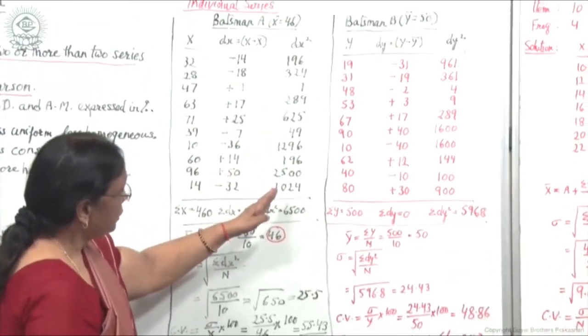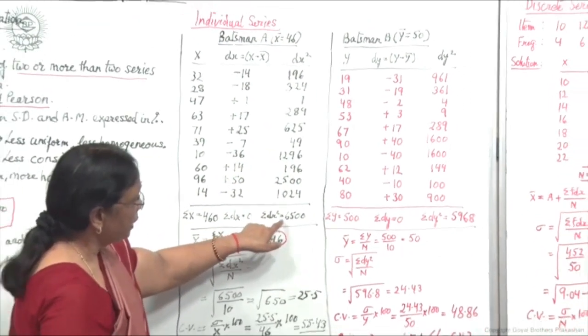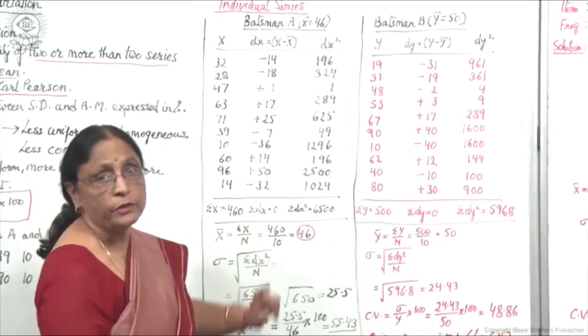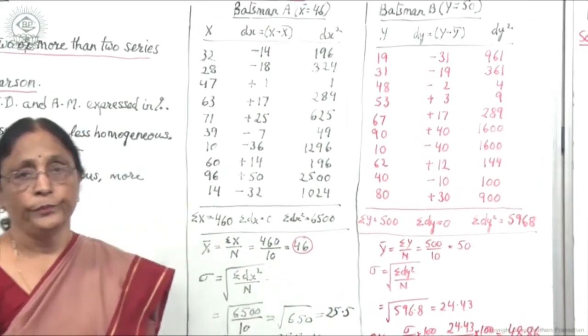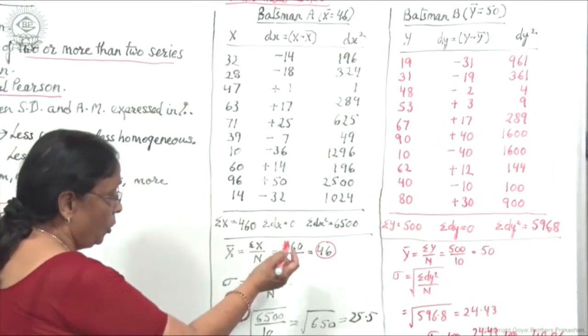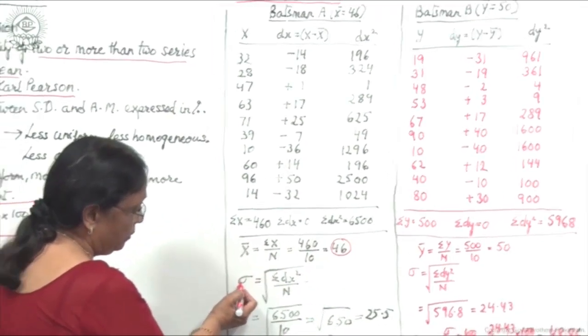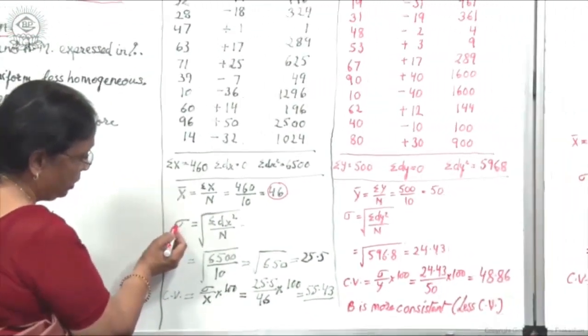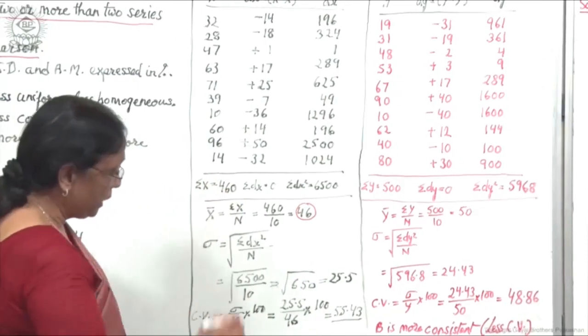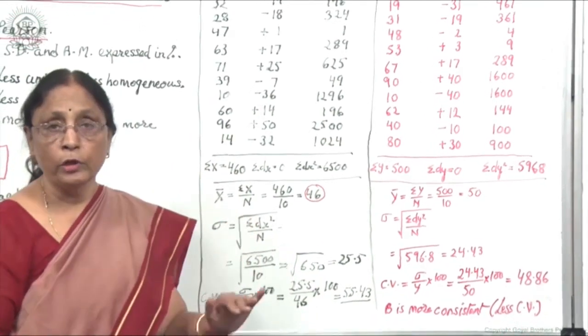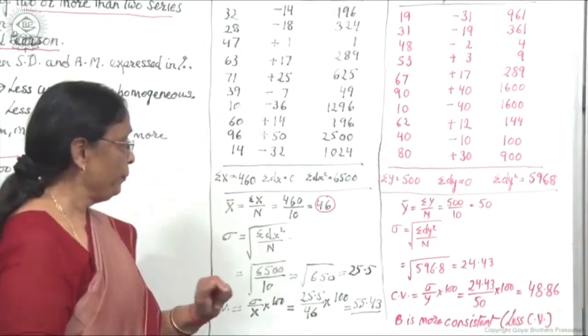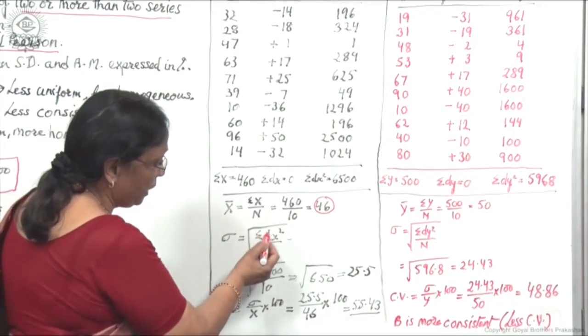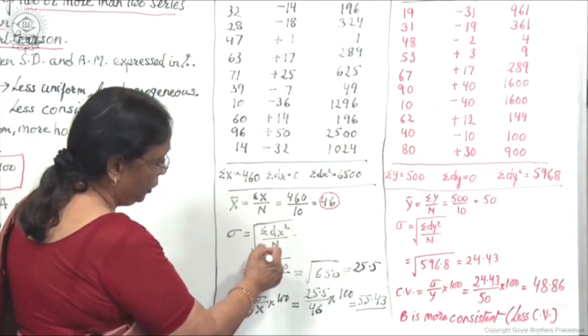Add up this column, that is sigma dx square, and that is 6500, right? Now next step is to find out the standard deviation, because your formula for CV says standard deviation upon x bar into 100. So standard deviation is sigma dx square upon n, whole under root.